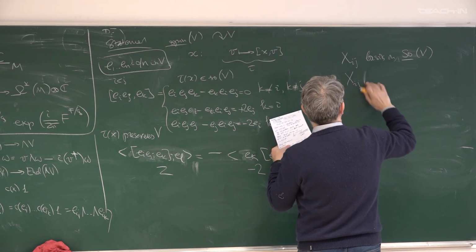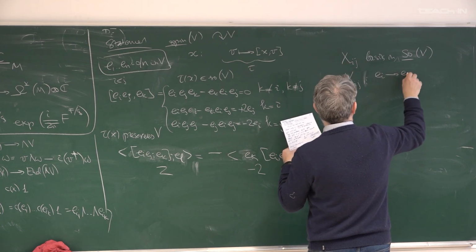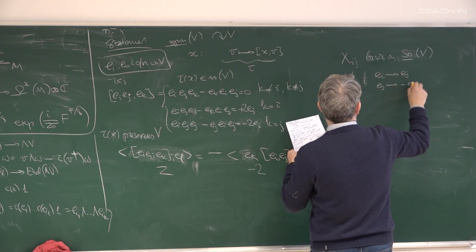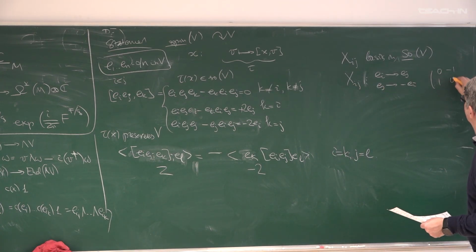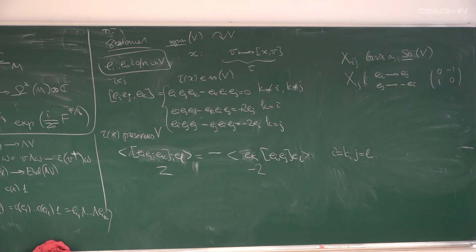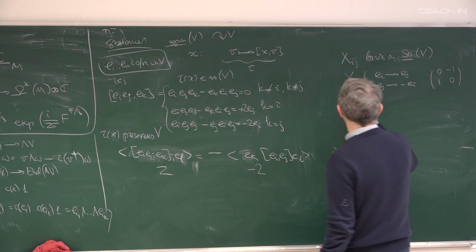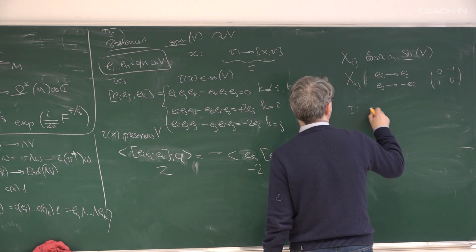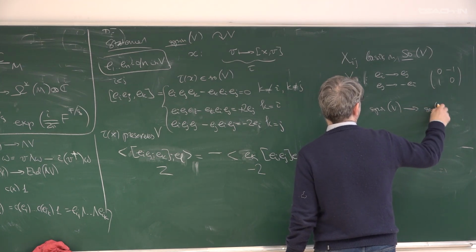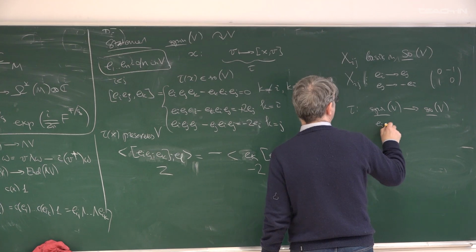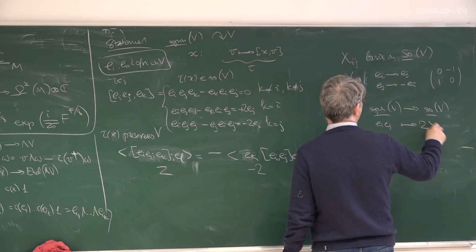It sends e_i to e_j and e_j to minus e_i. So it corresponds to a matrix of this form, which is a generator of the Lie algebra SO. So as you can guess, we obtained an isomorphism of two Lie algebras, that one and this one. The map is tau from spin of V to SO of V, which sends e_i e_j to 2 X_ij.